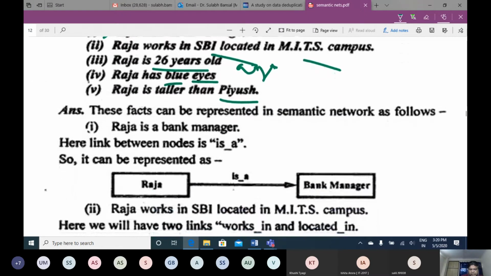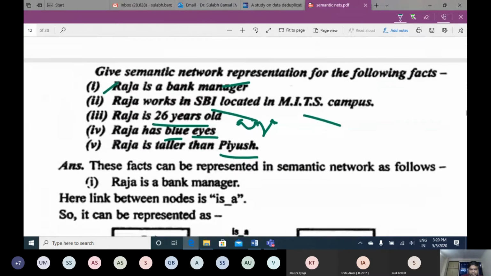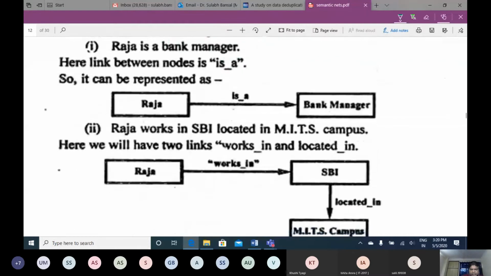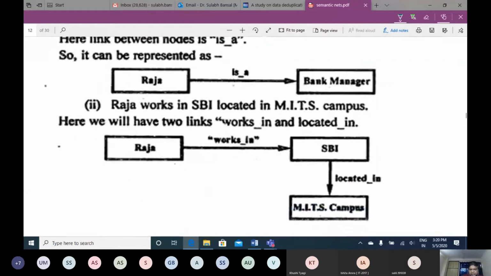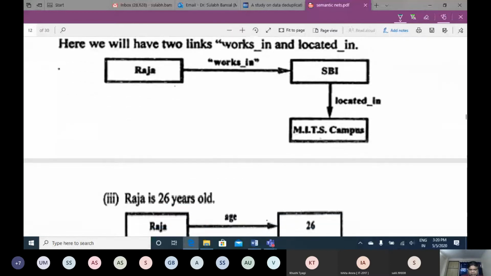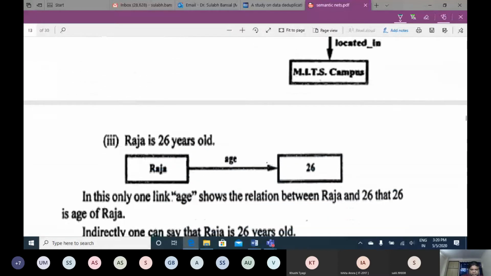Now you represent the relationships between them. Raja is a bank manager. Raja works in SBI, and the SBI is located in MITS campus. Then Raja is 26 years old. This can be represented this way: Raja and 26 are linked together using the age.